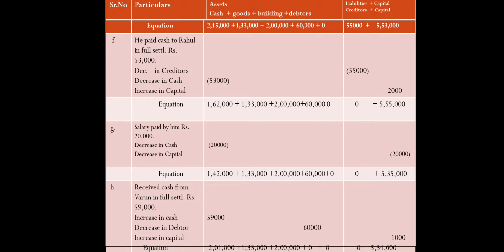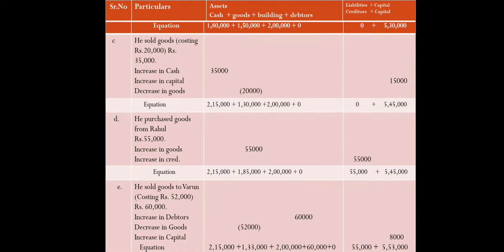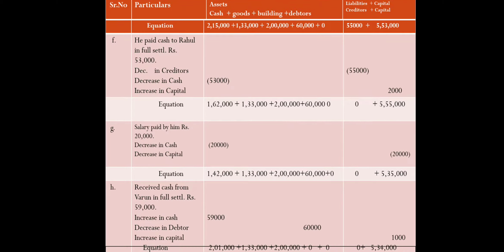Then next comes: received cash from Varun in full settlement of rupees 59,000. Here Varun is a person to whom we had sold the goods on credit, that is, he is our debtor from transaction E. You can refer to the sum and find that in transaction E, Varun was the person to whom we sold the goods.